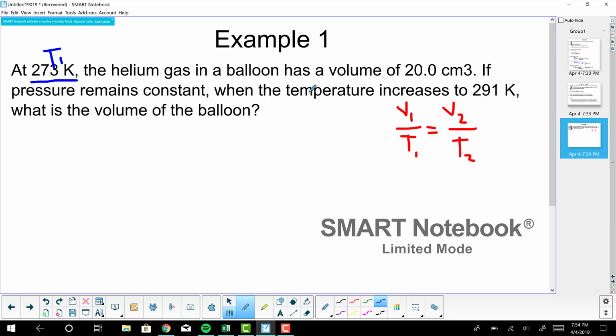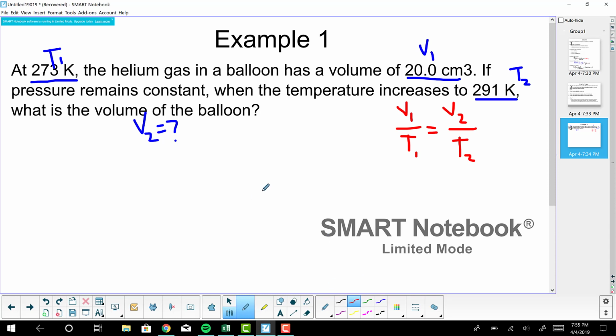All right, then it says the helium gas in the balloon has a volume of 20.0 centimeters cubed. So that's volume 1. And then it says pressure remains constant, so we don't have to worry about pressure. But then the temperature increases to 291 Kelvin. So that's going to be our T2. And then the question asks, what is the volume of the balloon? So it looks like we need to solve for V2. That's a big question mark right now.